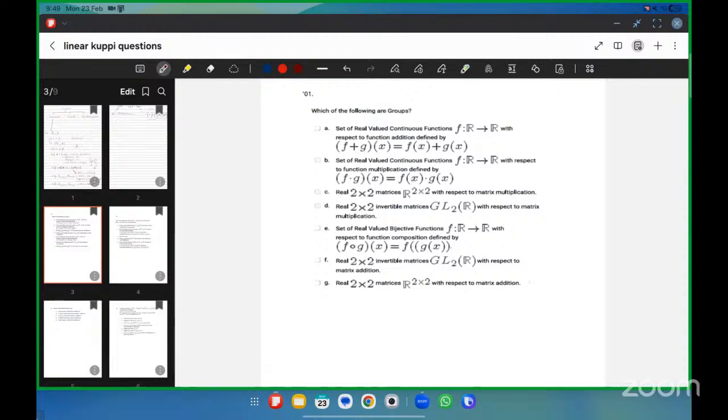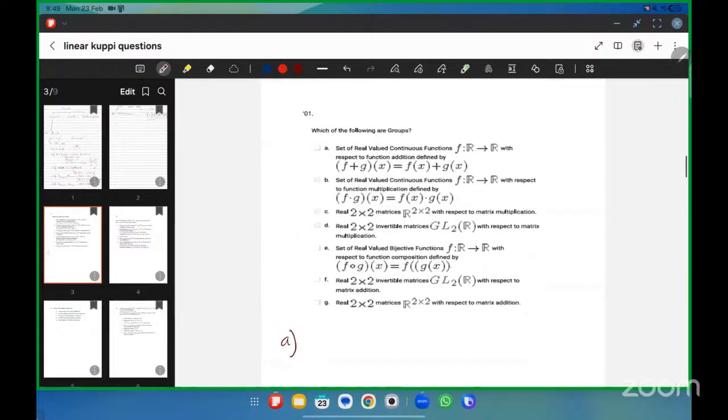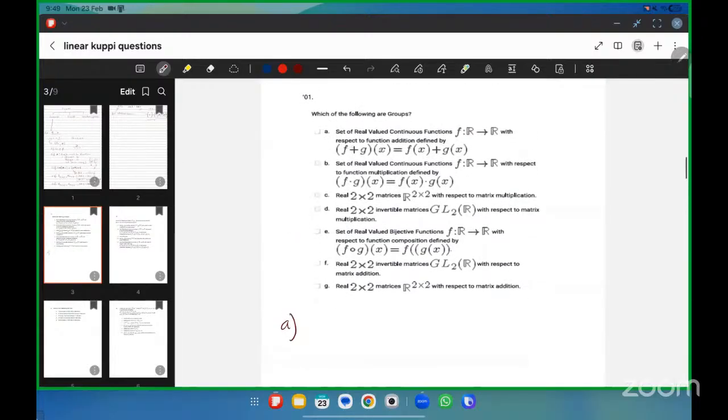The first thing, option A, is the set of real valued functions, where we give real inputs and the output is real, and the operation is the combination.